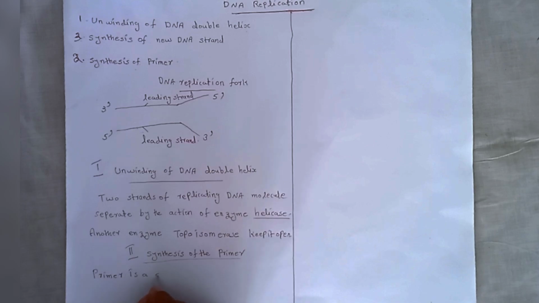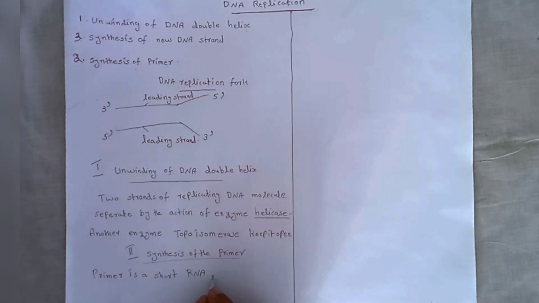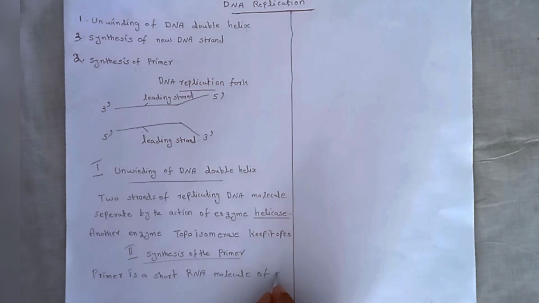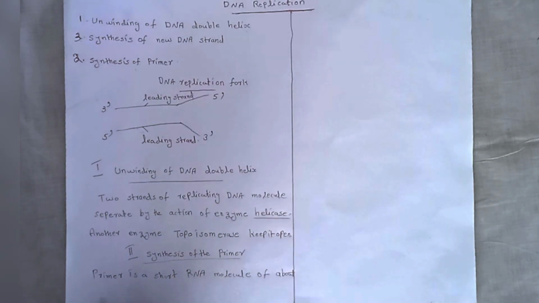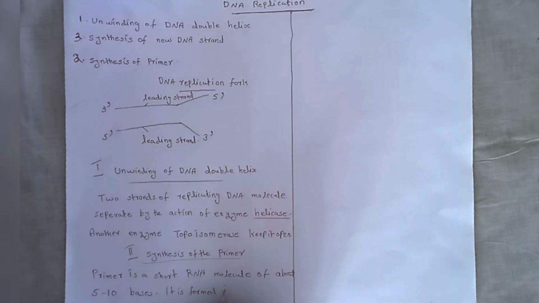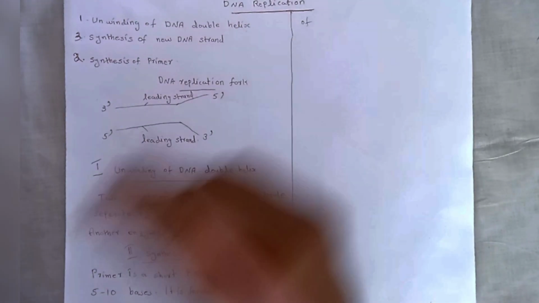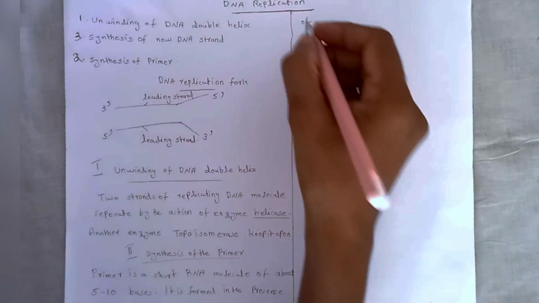Primer is a short RNA molecule of about 5 to 10 nitrogen bases. It is formed in the presence of another enzyme, primase.